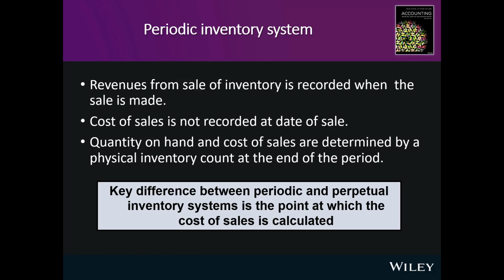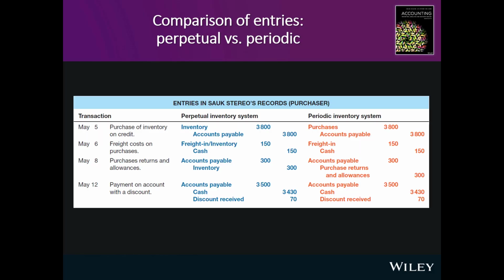And then they will record purchases in generic, so when they purchase, they will use the word purchases. And then at the end of the period, they will adjust the accounts to reflect the total cost of inventory on hand, and it should be recorded in the financial report. So this is the key difference.